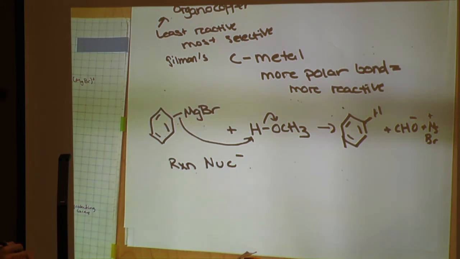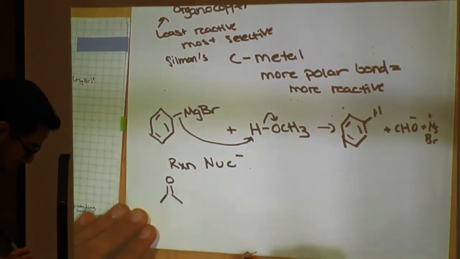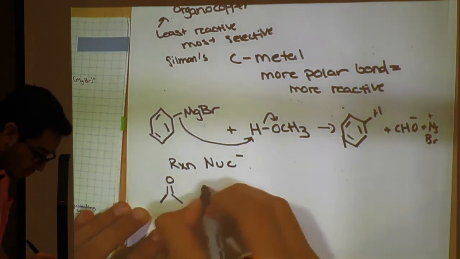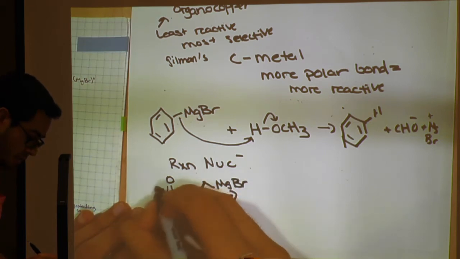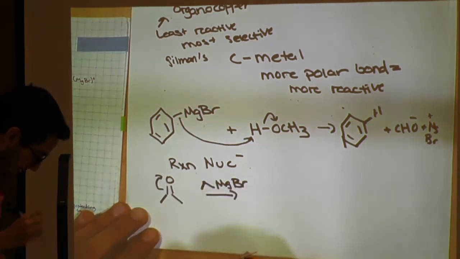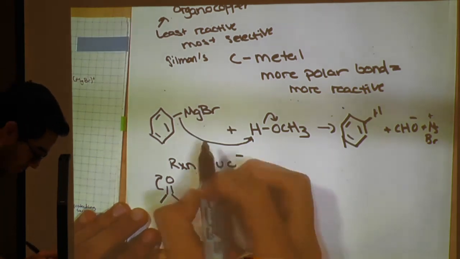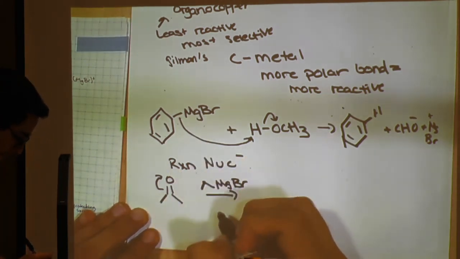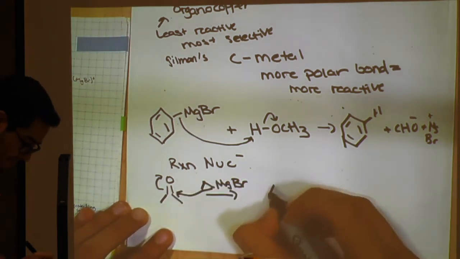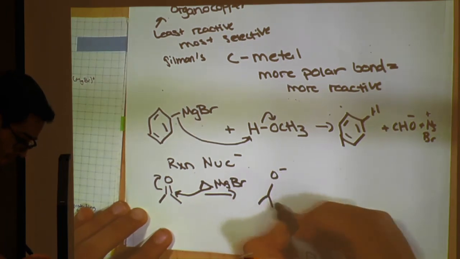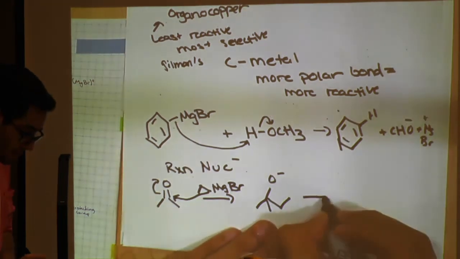So for example, if we have our carbonyl again, and we react that with ethyl magnesium bromide, we're just going to follow the same line, go ahead and take that, and then we protonate with water.